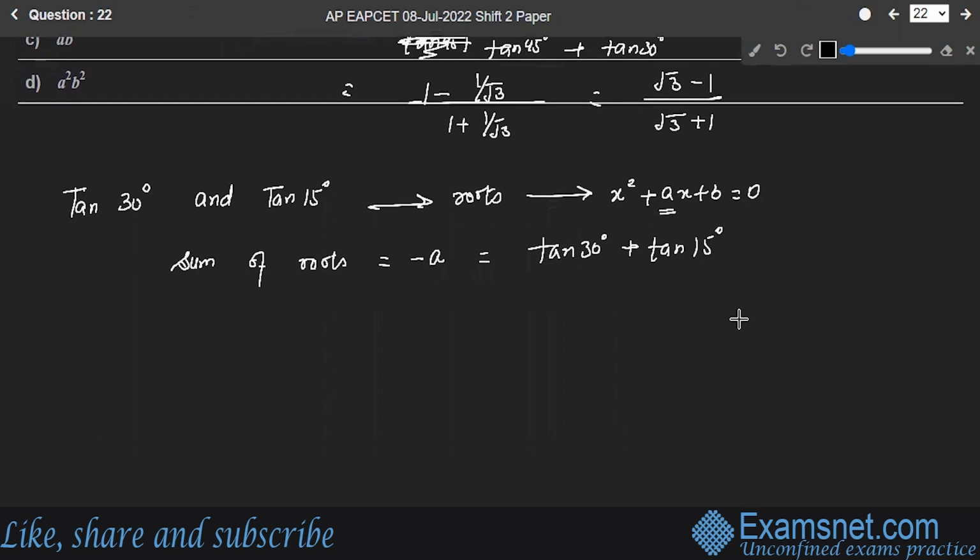And similarly, the product, let's solve it also. So tan 30 plus tan 15 is given by 1 by root 3, and tan 15 we just solved. It was equal to (root 3 minus 1) upon (root 3 plus 1). This is equal to minus a.